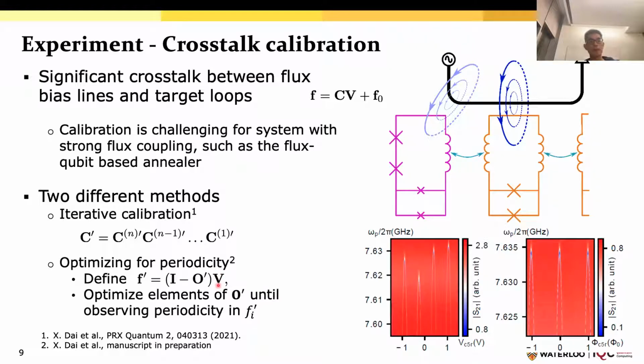By optimizing the elements of this compensation matrix until we observe periodicity in each flux control coordinate, we can directly obtain the compensation required to compensate for the crosstalks.